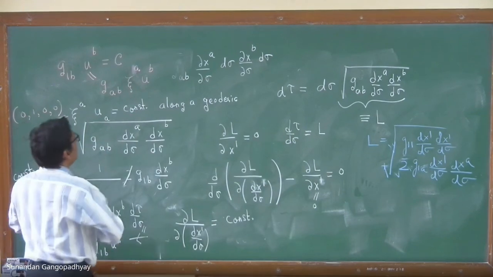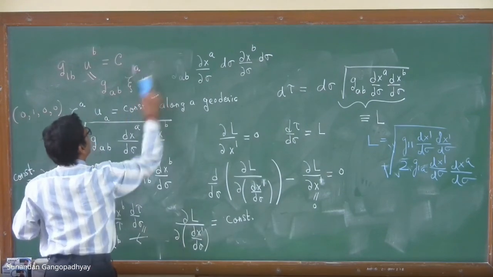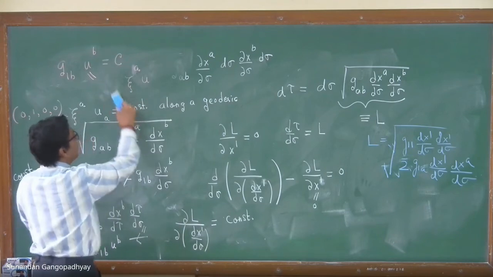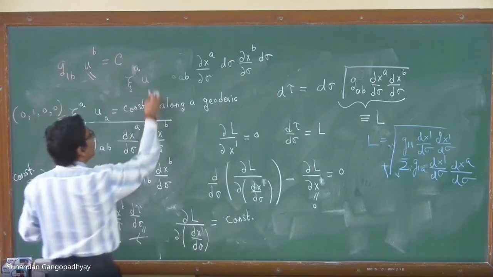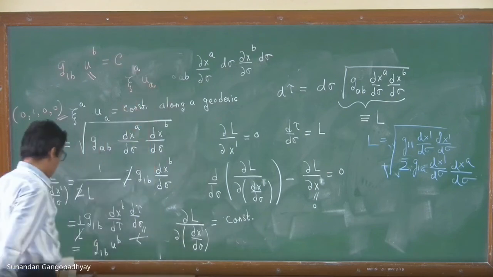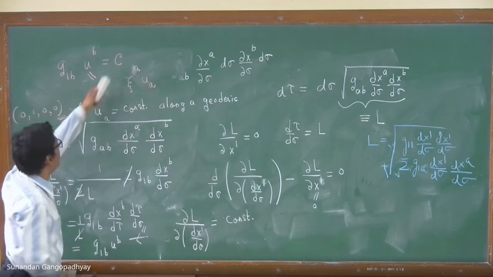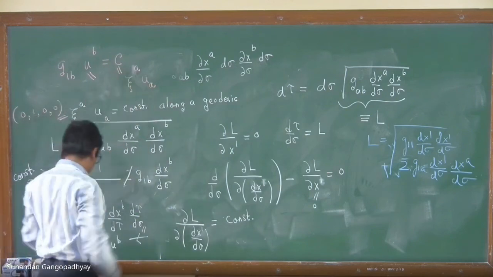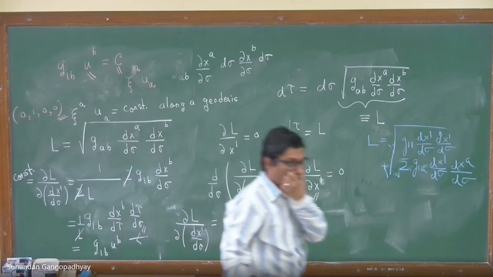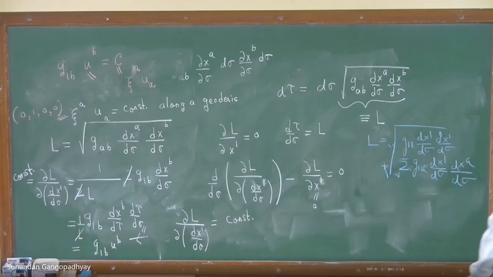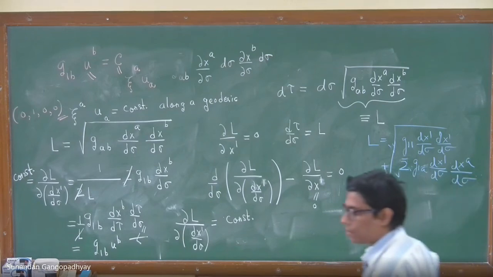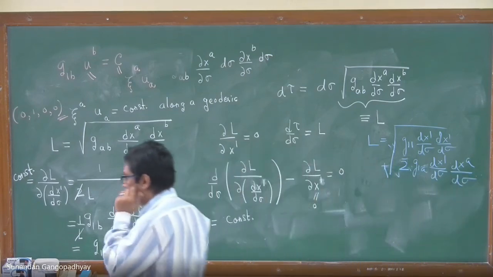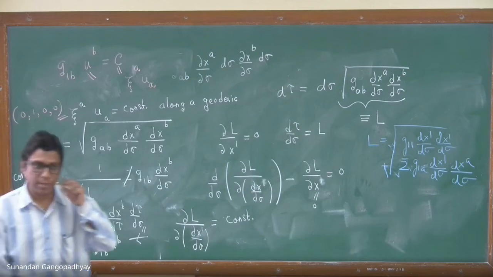Therefore, by this metric, you can lower the index. So Xi^A UA is equal to constant along a geodesic. Why along a geodesic? Because we have derived this full thing from the Euler-Lagrange equation. Euler-Lagrange equation means geodesic: a path which obeys the Euler-Lagrange equation must be a geodesic.